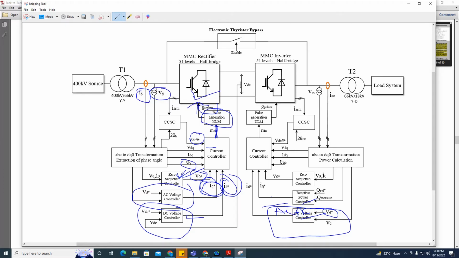These are the inputs to the inner current control. This is the output of the zero sequence current controller, which is fed back as input to the current controller. So the remaining portion of the control is the same. Only the outer control loops are different here.